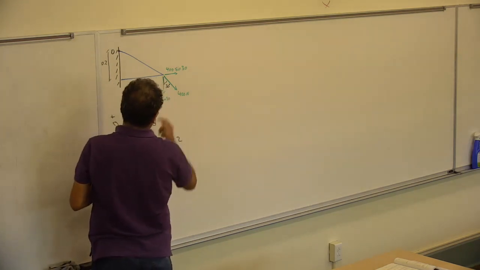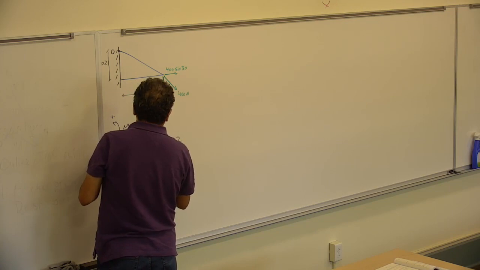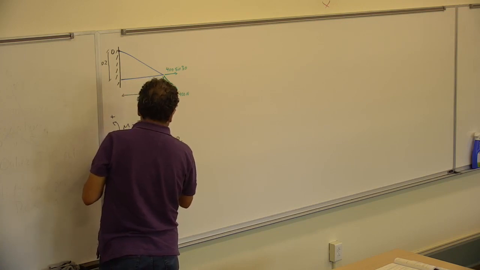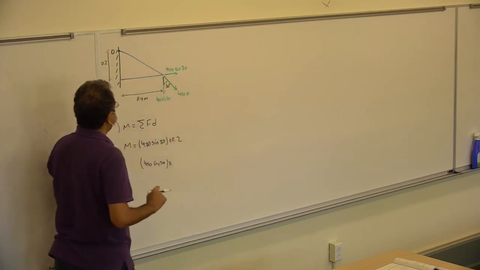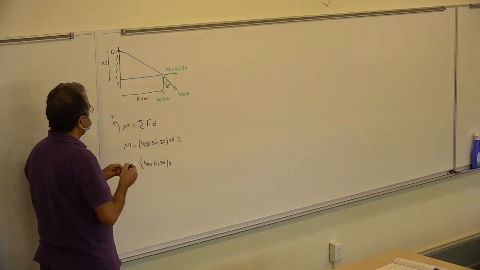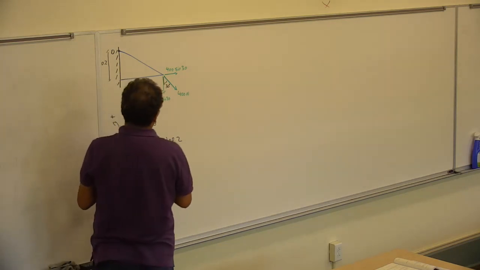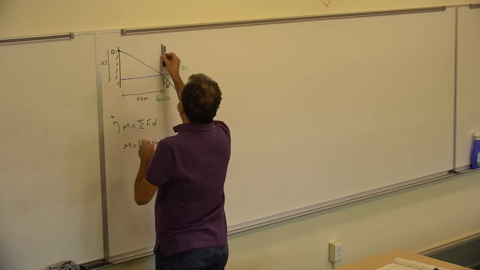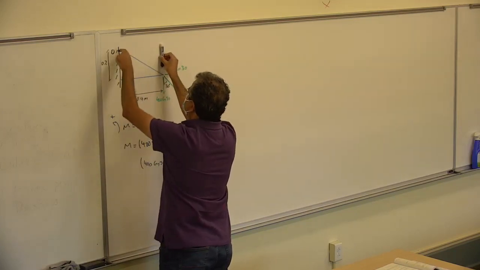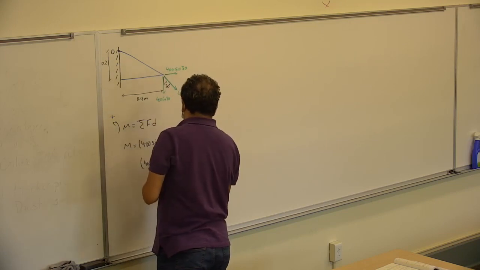Then I will do the 400 cosine 30, and the d for that 400 cosine 30 is 0.4. It's the normal distance. Again, I can move it up here, and the normal distance between the point and that is 0.4.